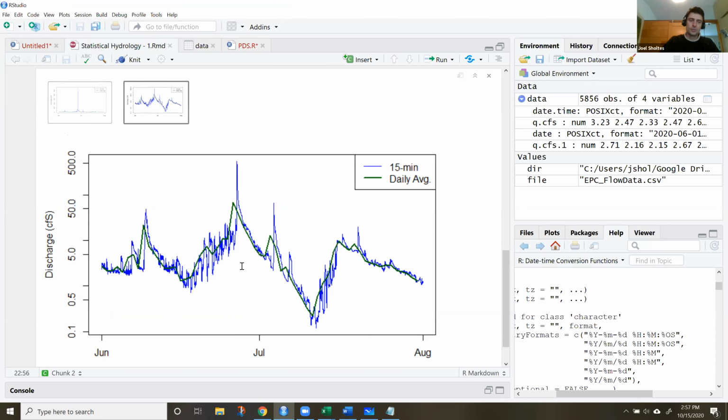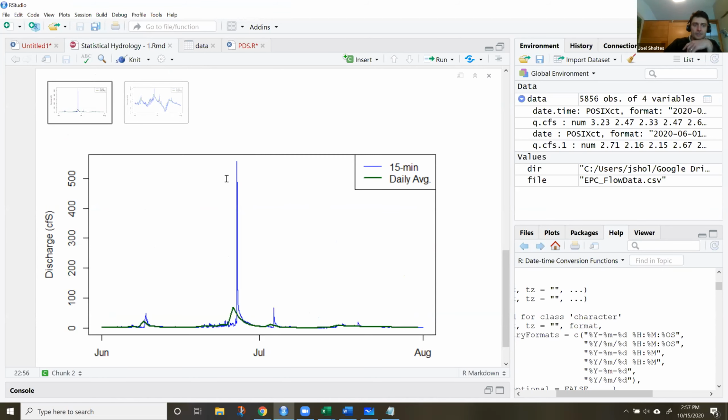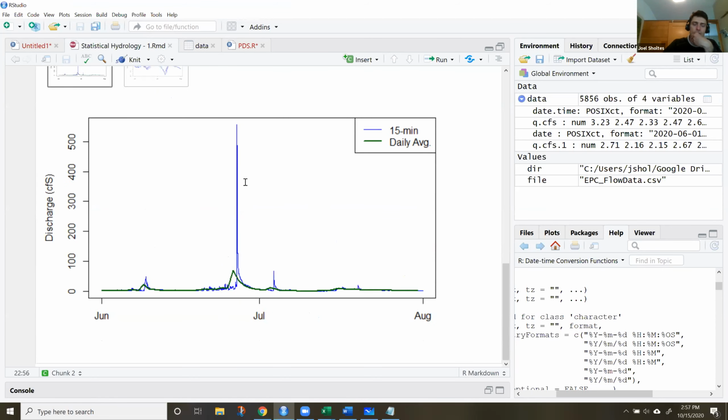Now here's it plotted with a logarithmic axis. You see that variability a little bit more. It kind of compresses the data. So when we're dealing with average daily data, that works fine in a system that rises and falls on the order of days rather than minutes or hours.